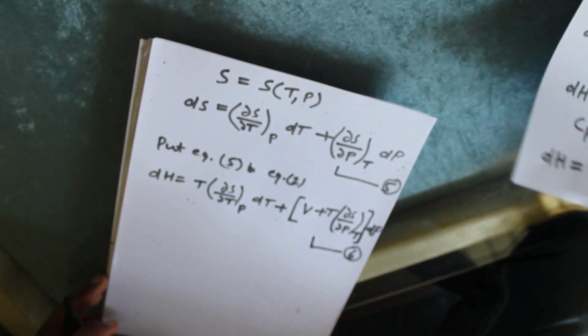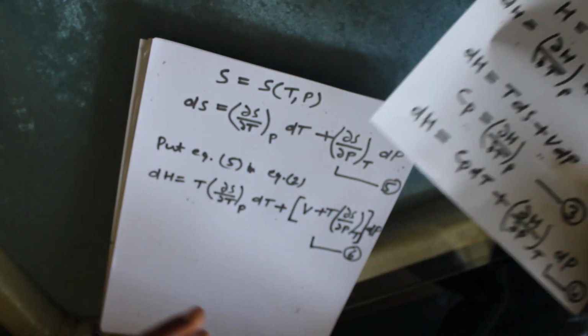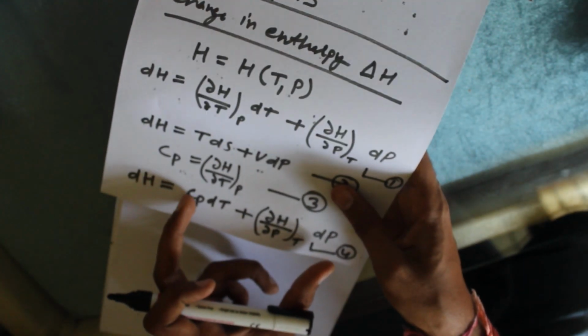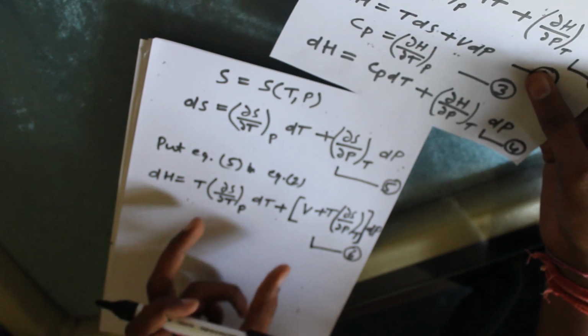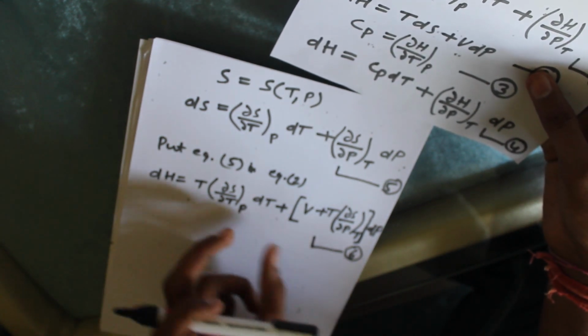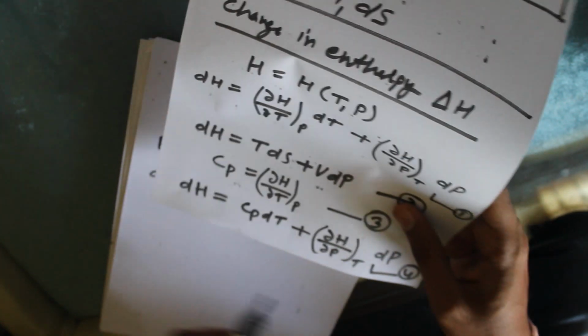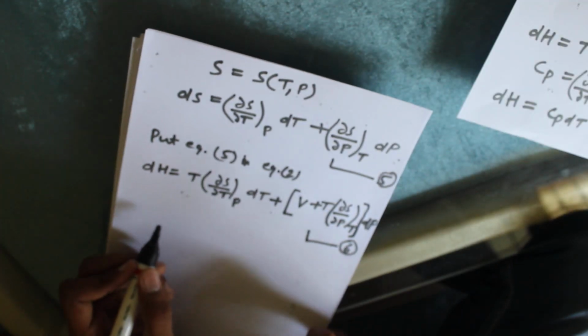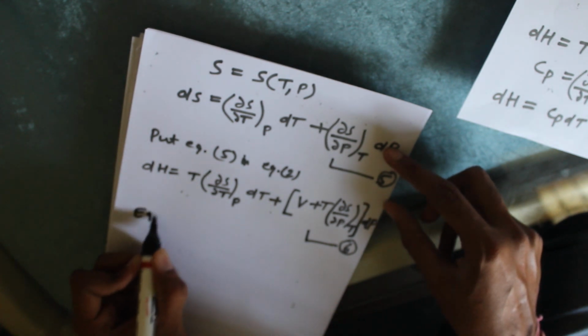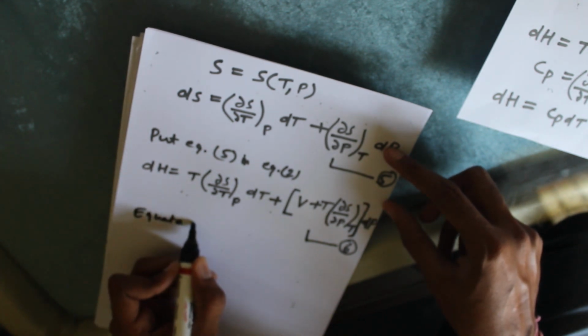Again, in equation 4 dH is equal to this term, and in equation 6 dH is equal to these terms, both carry dT and dP. So equate these two equations. Now equate equation 4 and 6.